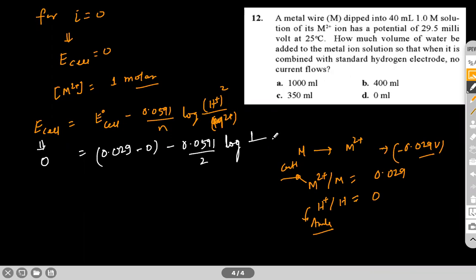So the concentration initially was 1 molar. So 1 molar into 40, so 40 millimoles initially. So 40 divided by V plus 40, where V we need to find out.